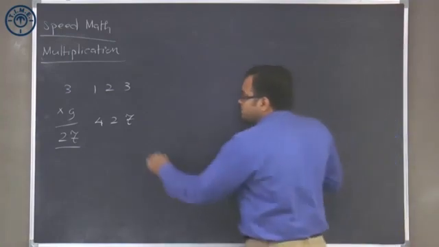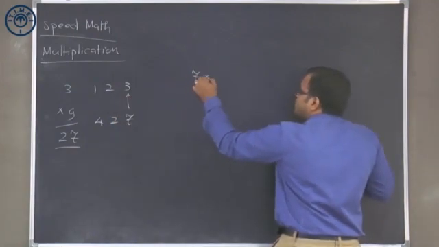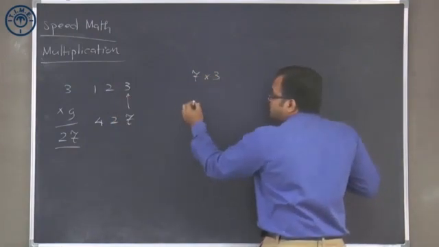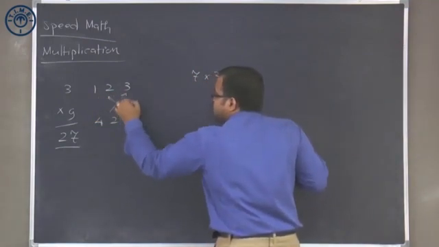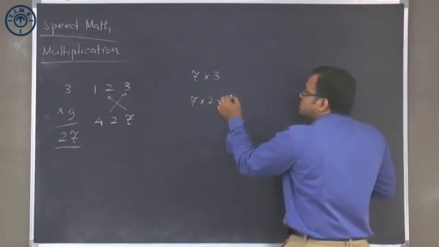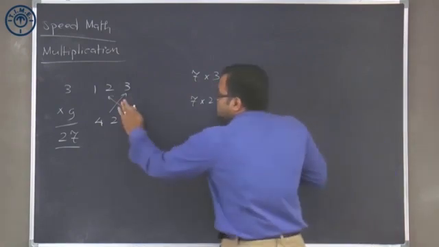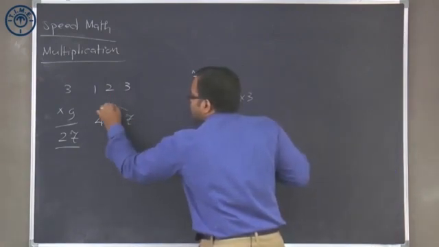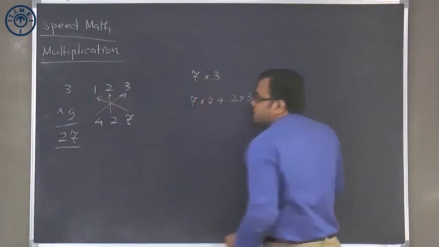What we will do is, step 1, 7 into 3. Step 2, this will be cross multiplied. So this will become 7 into 2 plus 2 into 3. Step 3 will be, this multiplied with this, this with this, and this with this.